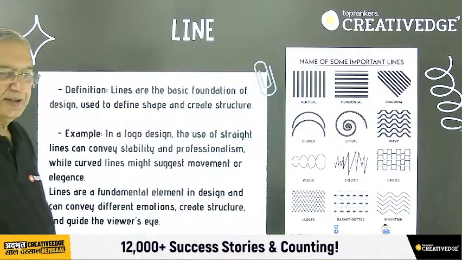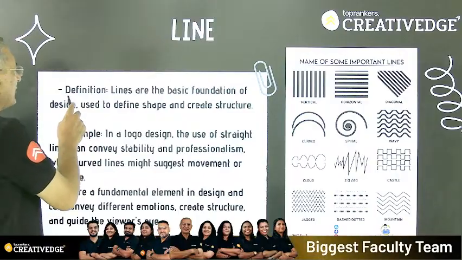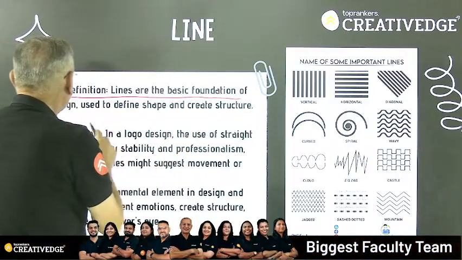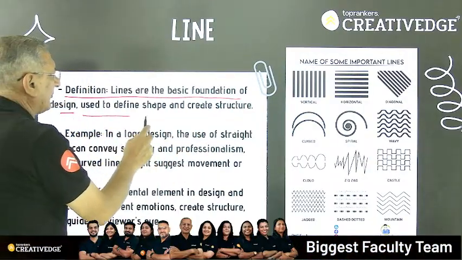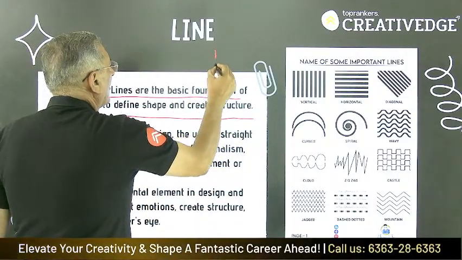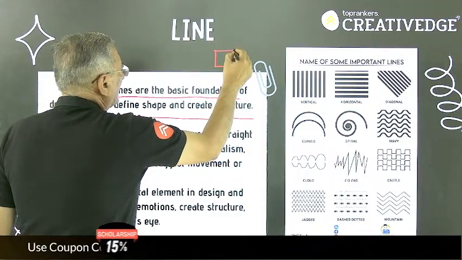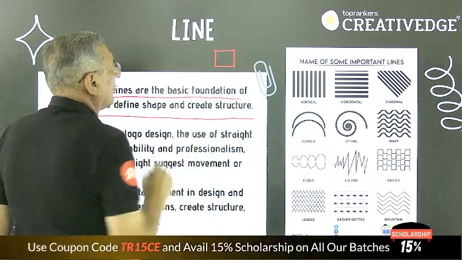Then line. Definition-wise, lines are the basic foundation of design used to define a shape and create a structure. Simple vertical line, simple horizontal line, repeat of the same, one shape is formed.